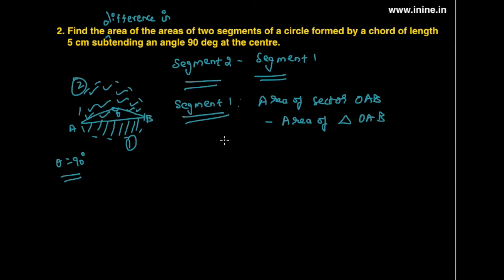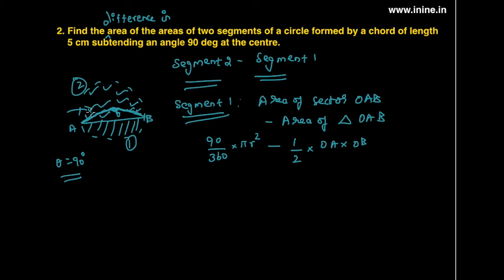Since 90 degrees is the subtended angle, we get 90 by 360 into pi r square minus half into OA into OB. Because this is a right triangle, one of the sides that is not the hypotenuse can be taken as base.